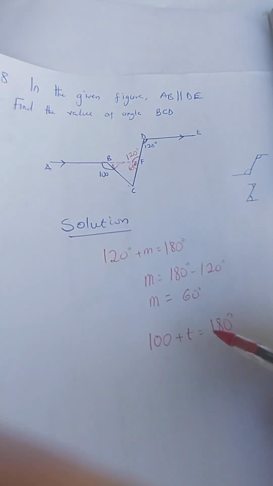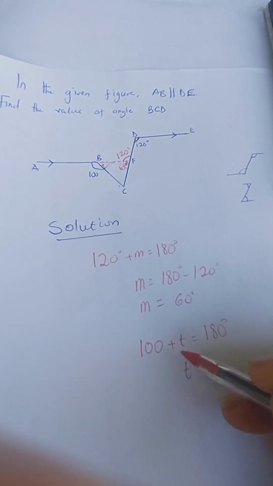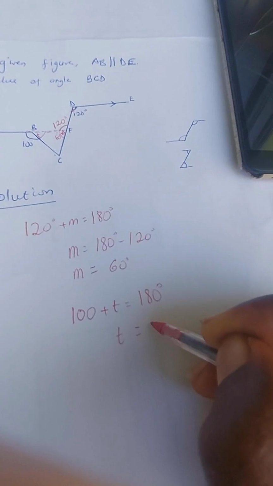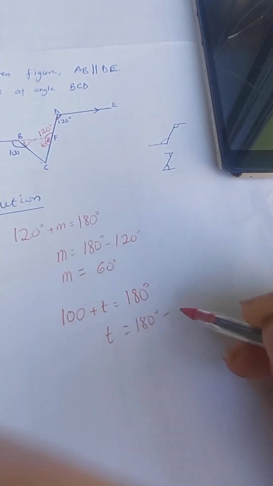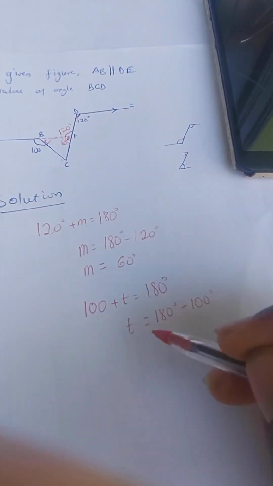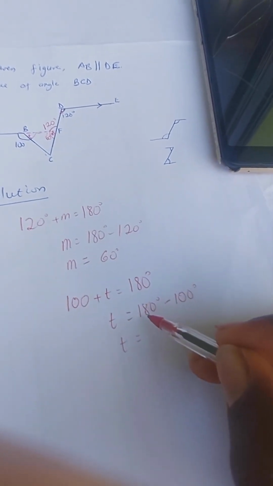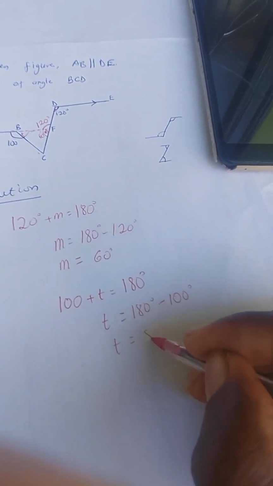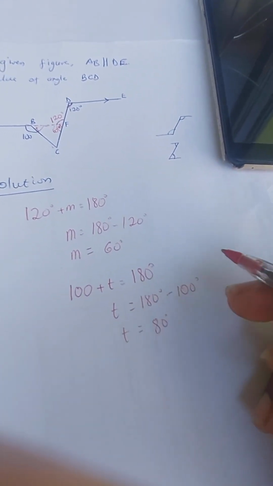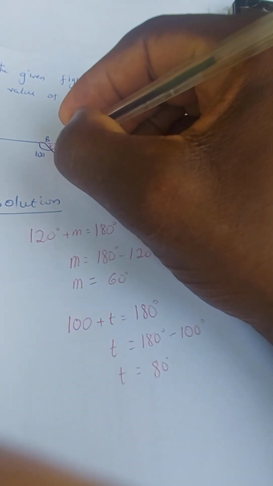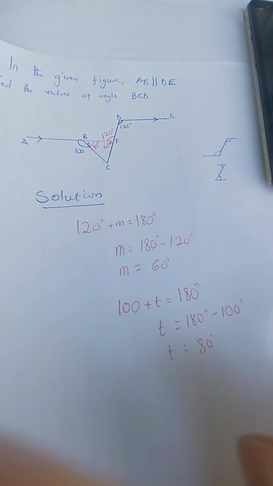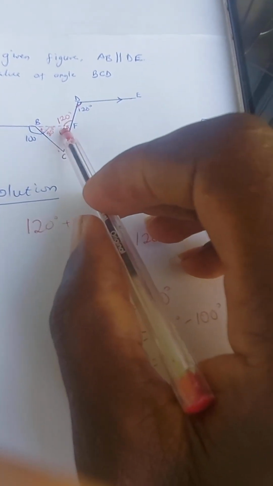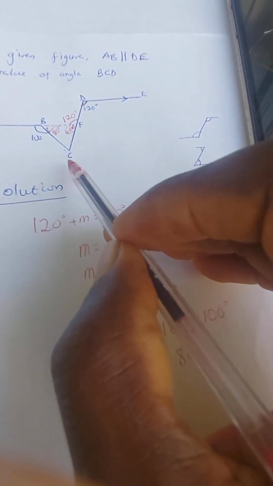To find the value of t, we transpose 100 degrees to the right hand side. So t is 180 degrees minus 100 degrees, which gives us 80 degrees. So this also implies that the value of the angle formed here is 80 degrees.